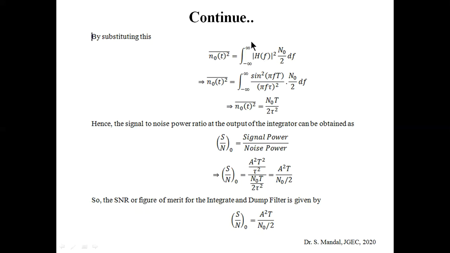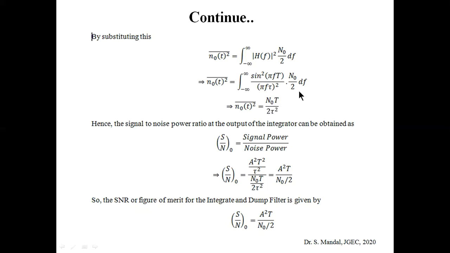It will be the integral from minus infinity to infinity of (sin(πfT) / (πfτ))² times N0/2 df. By simplifying this equation and solving this integration, we get the mean square value of the noise power as N0 T divided by 2τ².